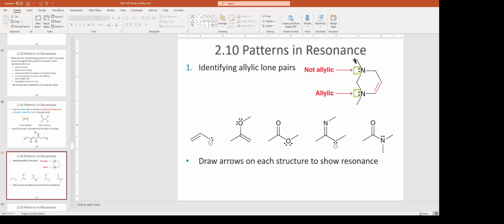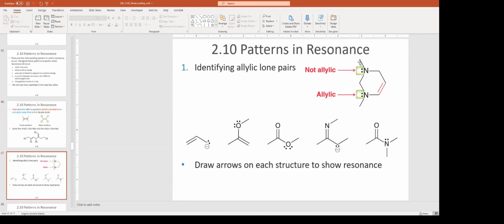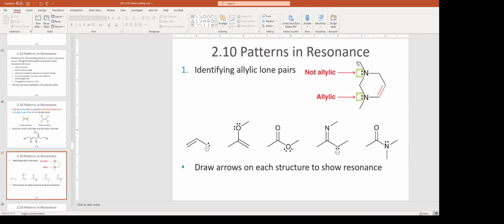This carbon right here has how many hydrogens on it? 3. So if you push these electrons here, that carbon would be making 5 bonds, right? So you can't do that.